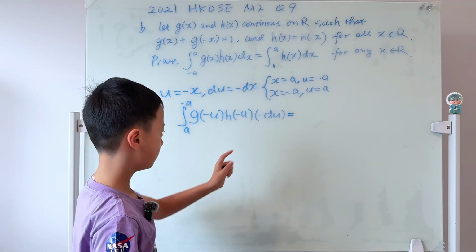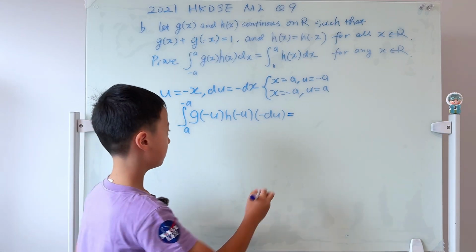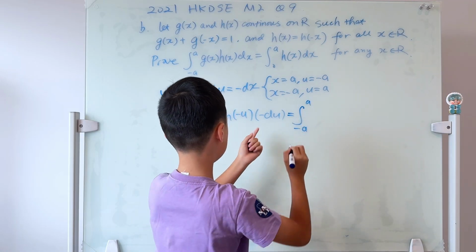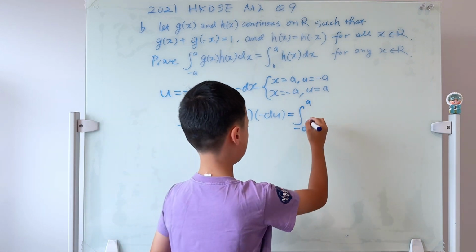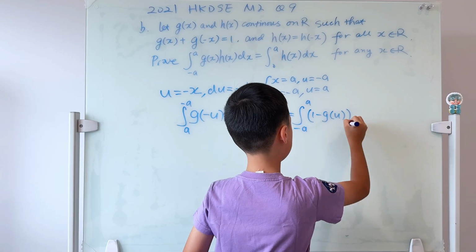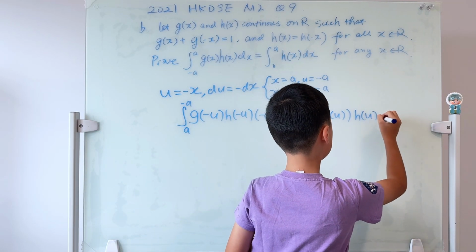One more thing, guys: this negative can be used to swap the bounds of integration, so it's just negative a to a. Since we use this negative to swap the bounds, this is just 1 minus g(u) multiplied by h(u) du.